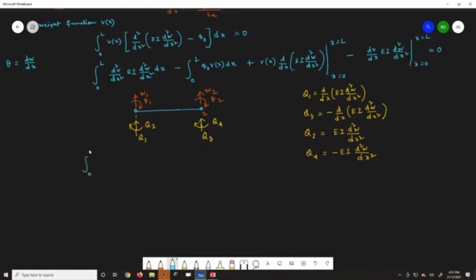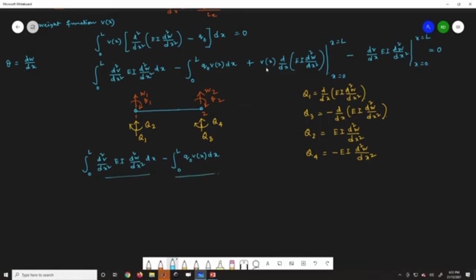It is the integral from 0 to L of d2v/dx2 EI d2W/dx2 dx, minus the integral from 0 to L of Q0 V dx. So this is my stiffness term, this is my body force term, and then the boundary conditions term.